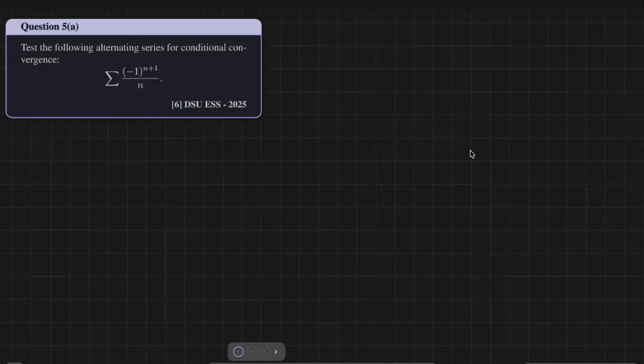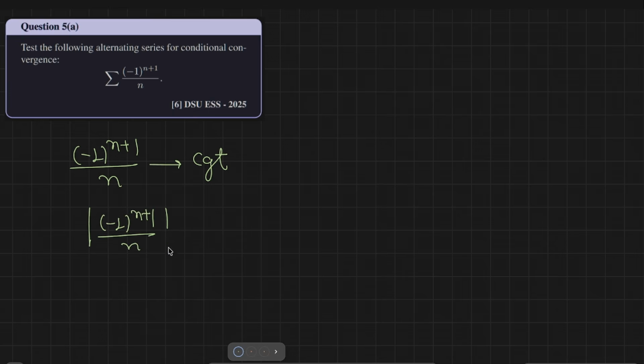Okay, next question. Following alternating series for conditionally convergent. Again the same thing, you have to prove minus 1 power n plus 1 by n is convergent. And the mod of minus 1 power n plus 1 by n will be 1 by n, of course, by p test, it is divergent. Again it is conditionally convergent.